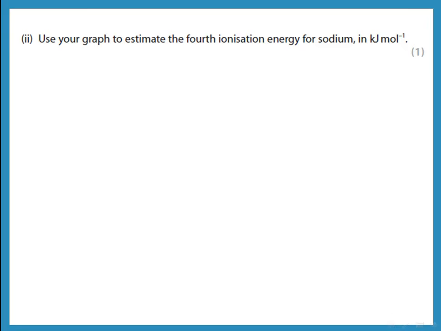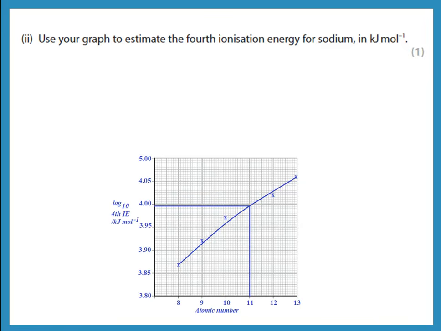He says, use your graph to estimate the 4th ionization energy for sodium. They did not include sodium. Sodium has atomic number 11. They don't have a value for 11, so we get that value from the graph. From 11, you go up to the graph, and then you go horizontally. It comes out to be about 3.995.